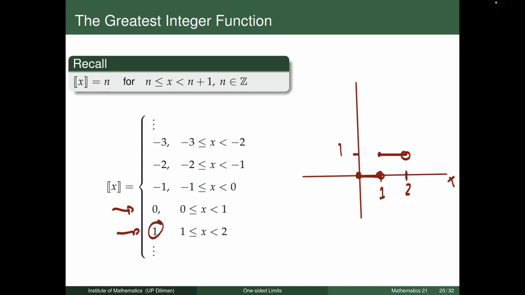When your x is from -1 to 0, your GIF is -1. So -1 is here. So from -1, -1 is included, up to 0. So there is a hole. Okay? From -2 to -1 as well.